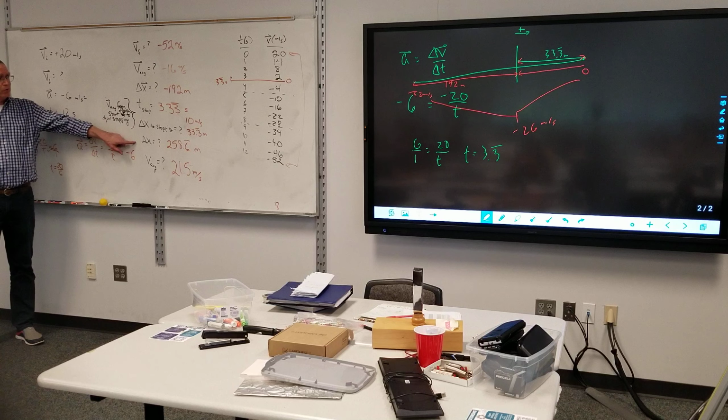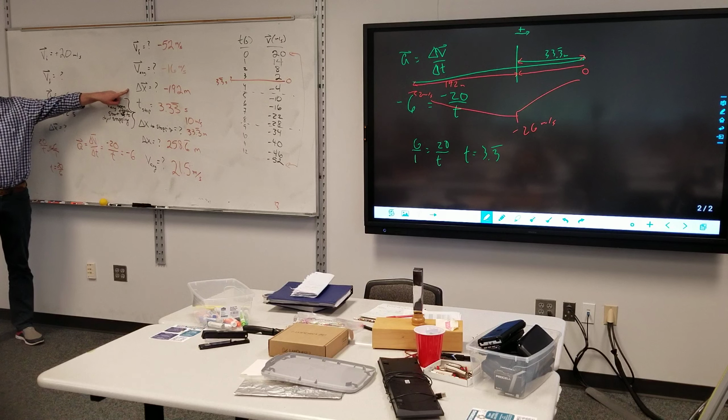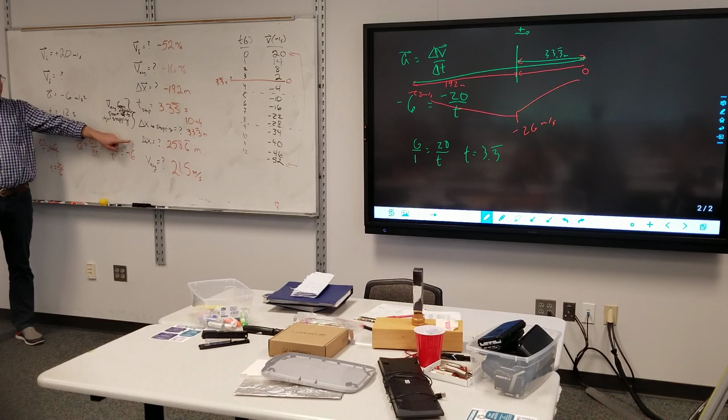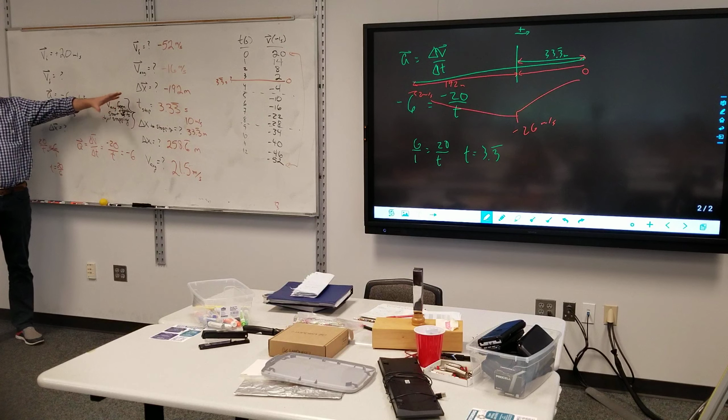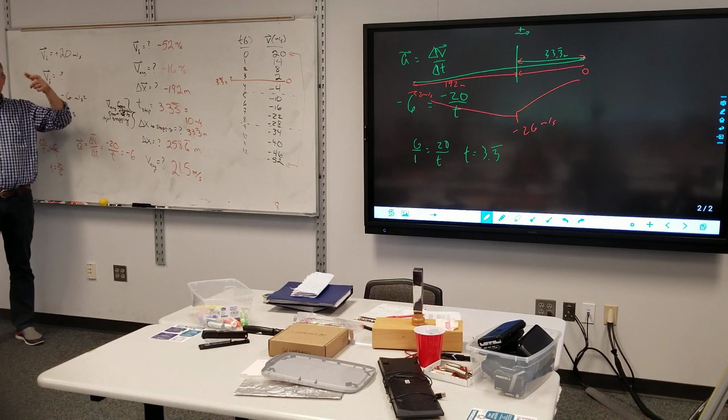The distance will not be the absolute value of the displacement. So something like this. This is very similar to a test problem. I'll change numbers around. Maybe I'll start it in the negative direction and have it turn around and then go in the positive direction. But this is very similar to a test problem and a master set problem.